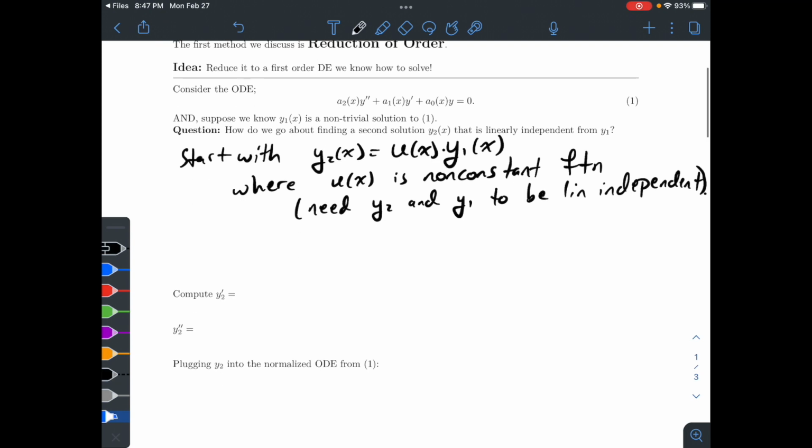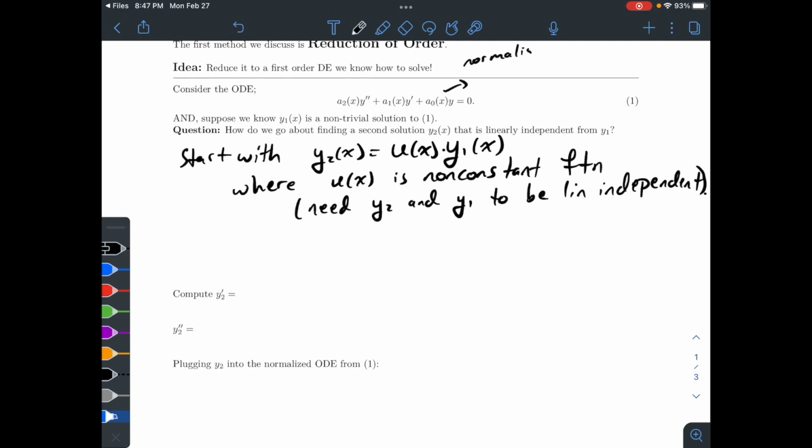All right, so if we assume this, what can we say? Well, then we can compute the derivative y2 prime and then y2 double prime, and then plug all of that information into this differential equation up here. We'll probably want to normalize it, so let's go ahead and normalize right away.